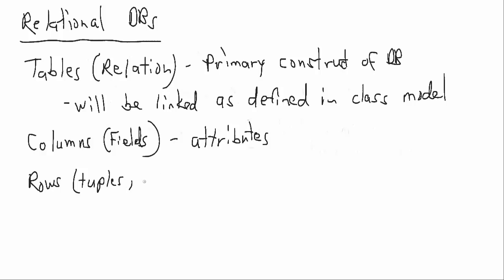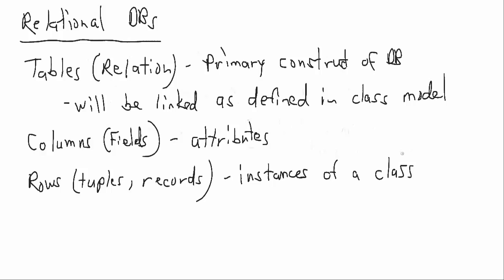In everyday file management lingo, we would call them records. So the rows represent instances of a class. So basically individual items within that class. If we have an employee class, well, we're going to set up an employee table that has lots of fields describing information about employees, and then we're going to have one row for each individual employee.